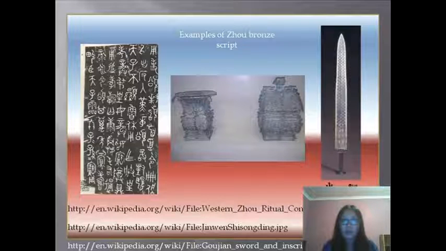The content of the texts usually included the owner of the vessels and how they got the material, that is the bronze, to cast the vessels. And usually the materials were awarded by the king because of their extraordinary performance, like during a war or these kinds of things.